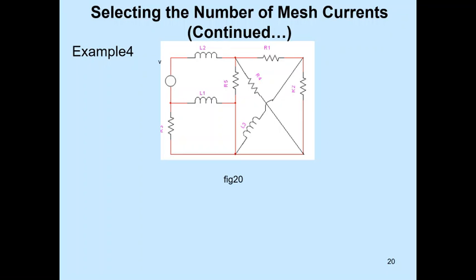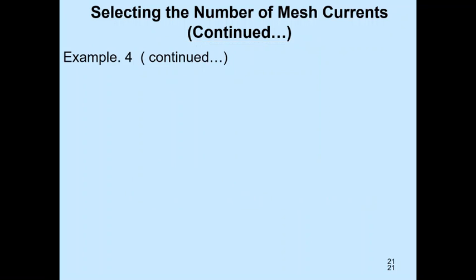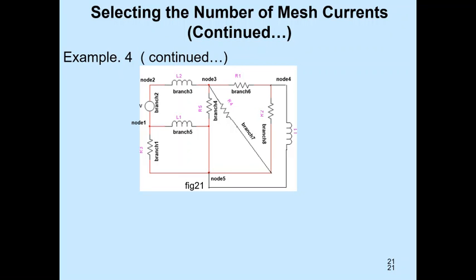So the number of junctions is also more, 1, 2, 3, 4, 5, 6 junctions and 9 branches are there. See if it's correct or not by redrawing this circuit without crossings. I am drawing it in another circuit.